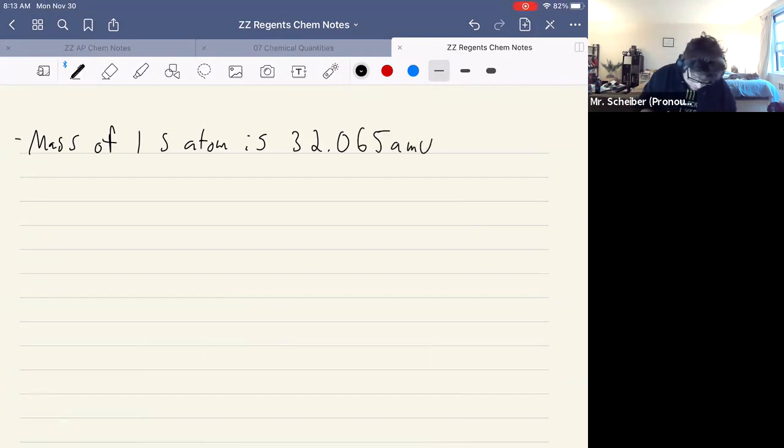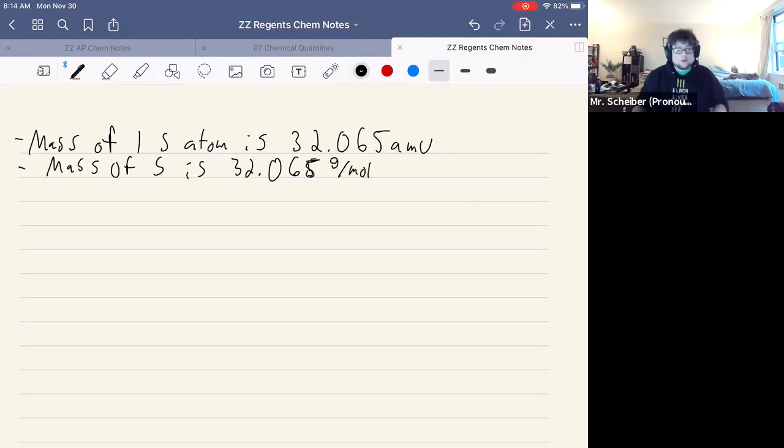We could also say, which is also true, the mass of sulfur is 32.065 grams per mole of atoms.